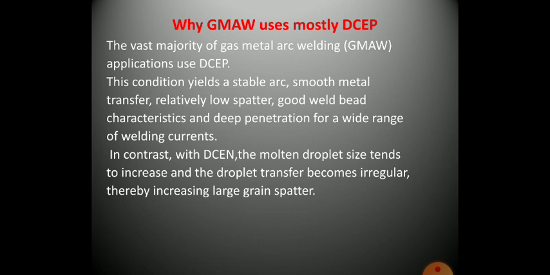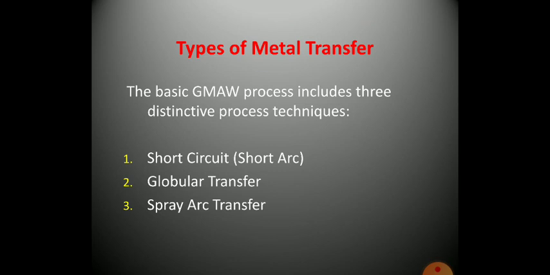So in this scenario with direct current electrode positive, there are metal transfer modes that are to be taken care of in this system. These are the short circuit, that is the short arc, the globular transfer, and the spray transfer.